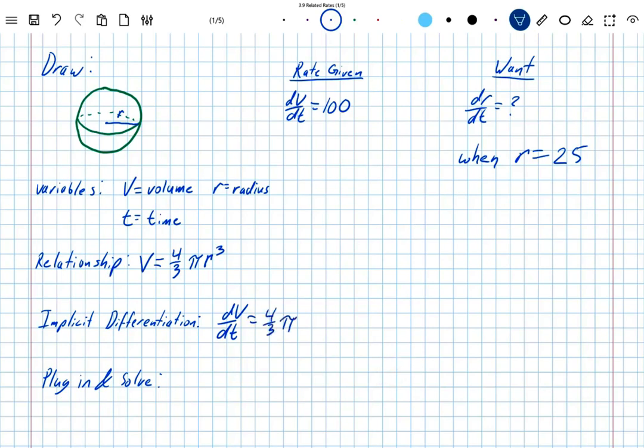That's just a constant, so that just hangs out. The derivative of r cubed with respect to t is 3r squared. Now r is just a function of time, so I do my chain rule on it. I need the derivative of this inner thing called the radius, and that is dr dt.